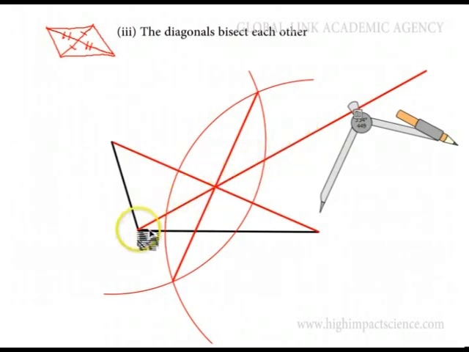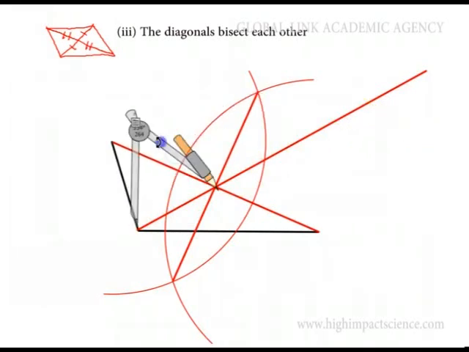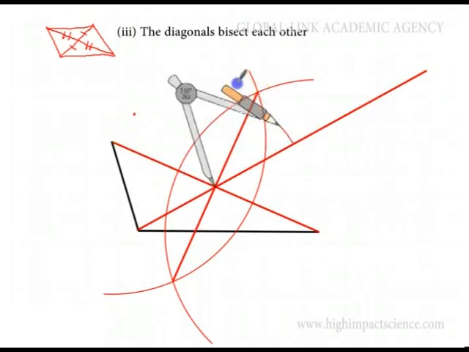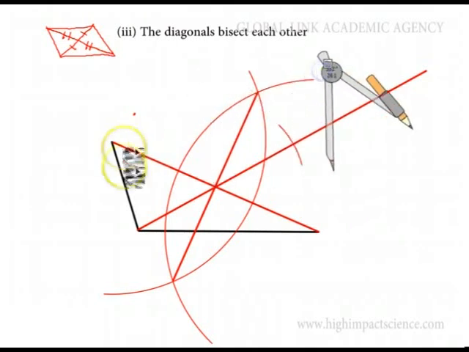I know this is the midpoint, so it's just getting the same distance on the other side of the line. Measure that and copy it on this side. That is the point. And now I can complete the figure.